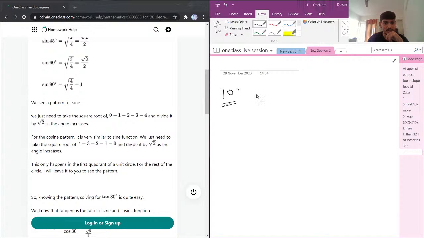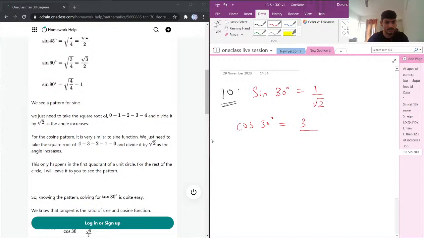So I can suppose if I write sine 30 as the square root of 1 divided by 2, as the angle increases. For cosine 30 degrees, I will take the second value, 3, and divide it by 2 as the angle increases.